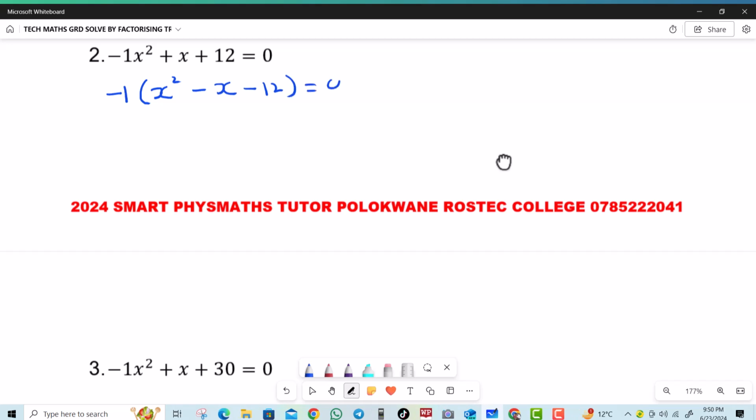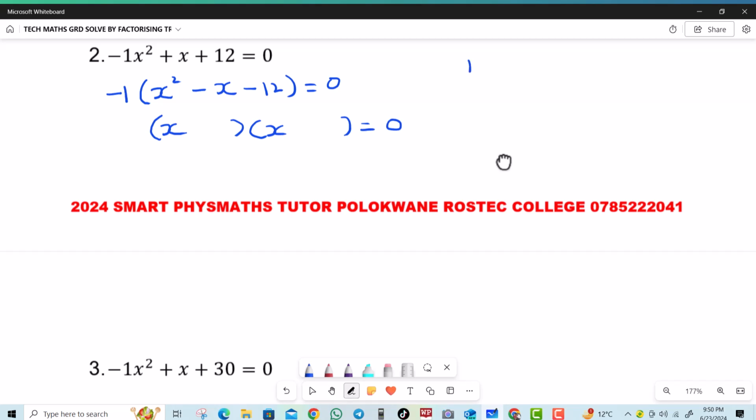So now from this particular point, let us get our factors here. We're going to have x here, x here, and the bracket again, x again here, then equals to 0. Hope we are together, guys. Look at our constant term, which is 12.